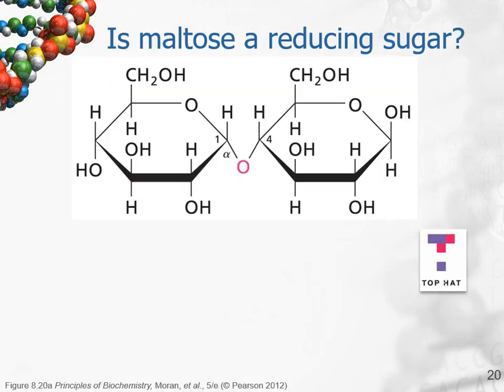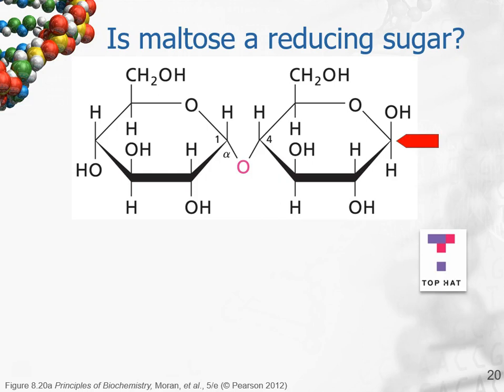So the next question is, let's move to the disaccharides. Is maltose a reducing sugar? So think about that and pause the presentation and I'll come back. So here again, you're looking for an aldehyde.